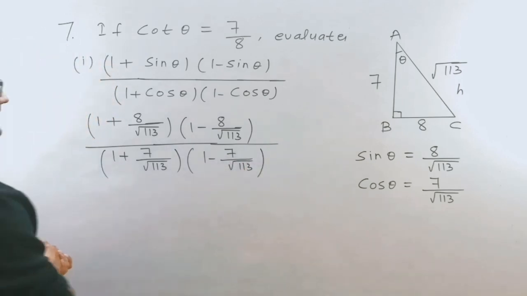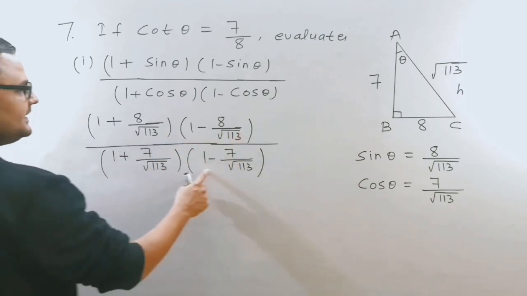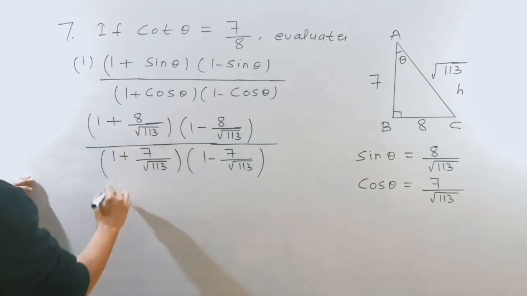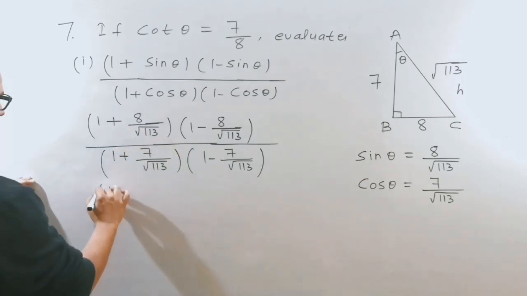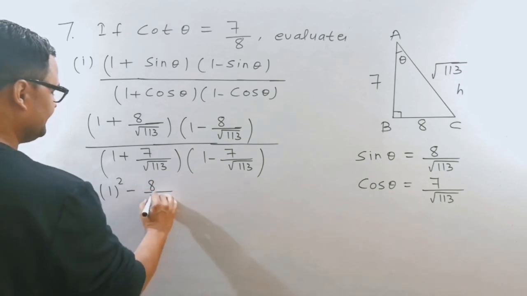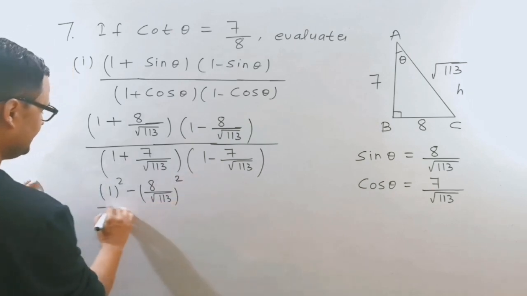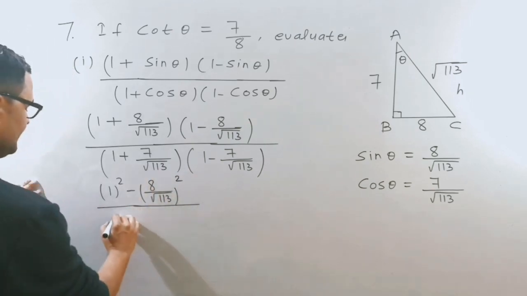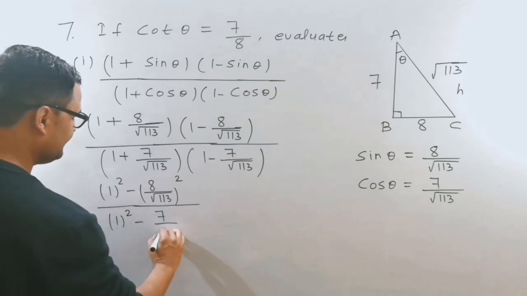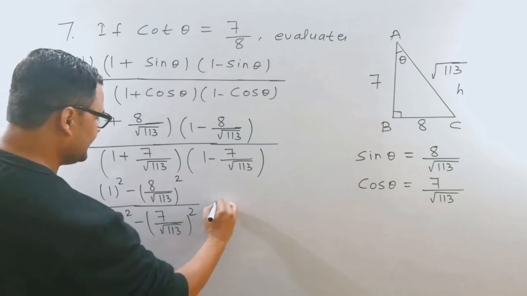Now if you check, we got A plus B, A minus B, A plus B, A minus B, that is A square minus B square. So for this one, A square is 1 square minus 8 by root 113 square, divided by 1 square minus 7 by root 113 square.